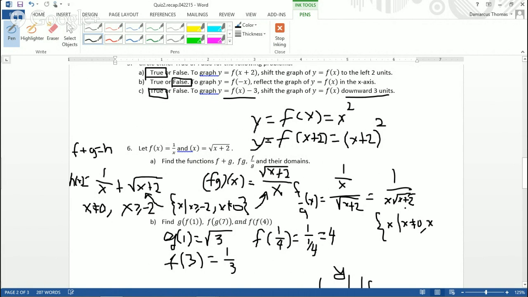X can't equal -2 because if x equaled -2, we'd get 1 over -2 times 0. And that would give us a 0 in the denominator. And so in this particular case, the domain of this function is almost like the other two, except we had to exclude the case if and when x is equal to -2.